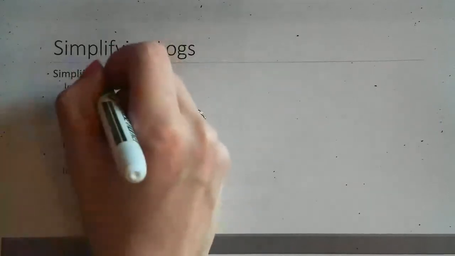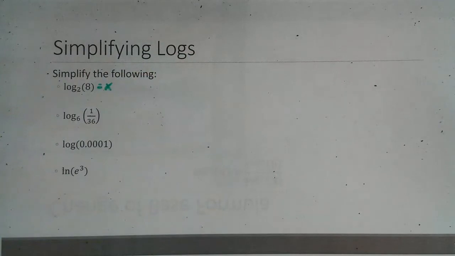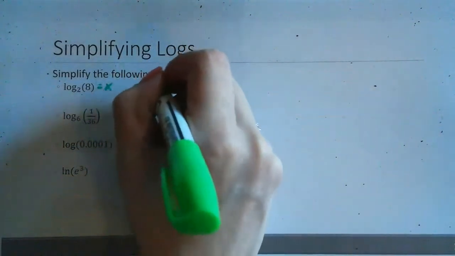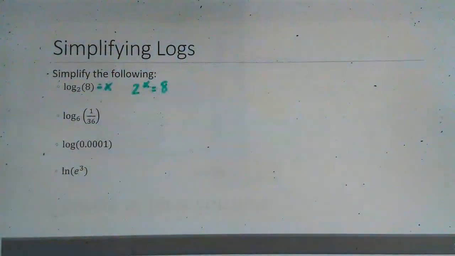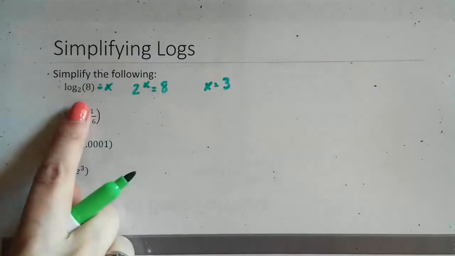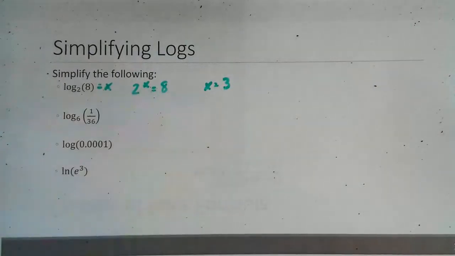So right now, I'm just going to say that log base 2 of 8 is equal to x. If I now write that as an exponential equation, I will have 2 to the x power is equal to 8. So I can ask myself, 2 raised to what power is 8? Well, that's 3. So we get x equals 3. That means log base 2 of 8 is equal to 3.